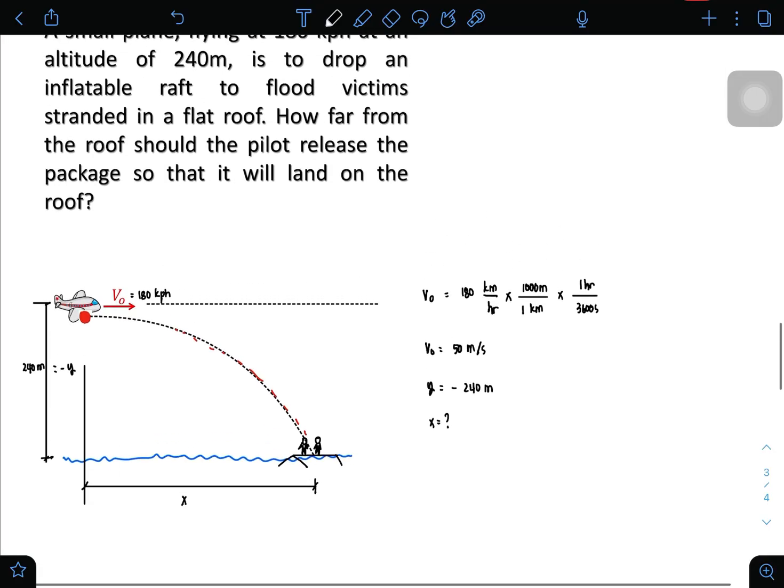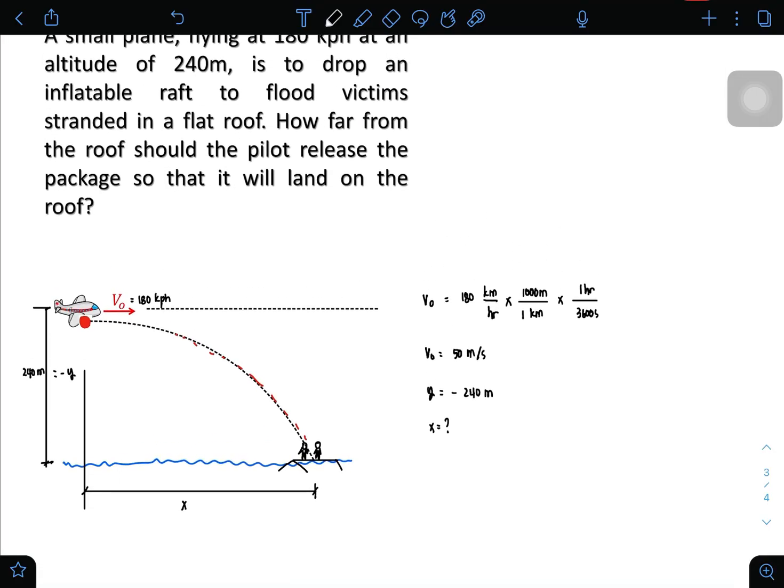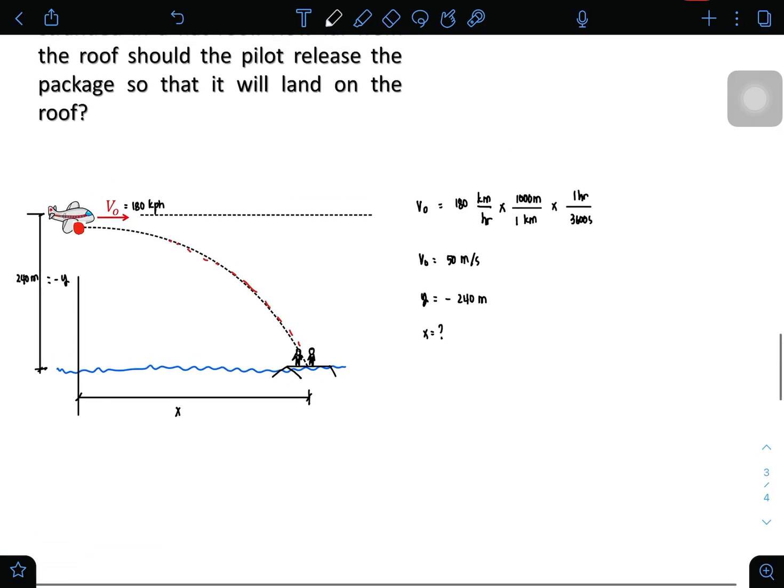The question is how far from the roof should a pilot release the package so that it will land on the roof. If we compare rectilinear to curvilinear problems, curvilinear problems are much easier.